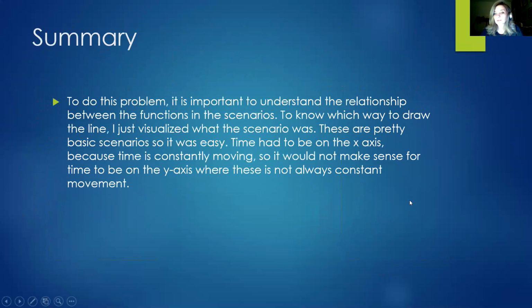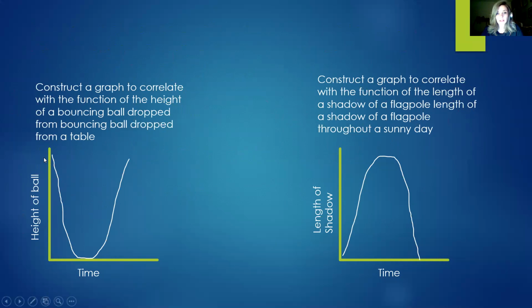And in this one, excuse me. I lost it. Okay, there it is. So in this one, we are doing a flagpole in the sun and its shadow on a perfect sunny day. You know how long its shadow is going to be.